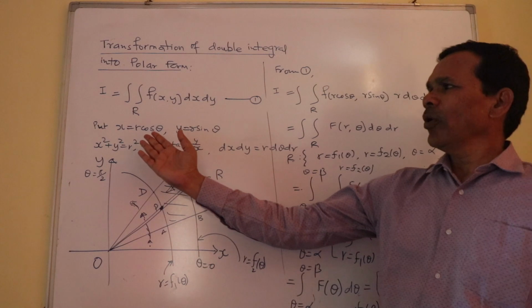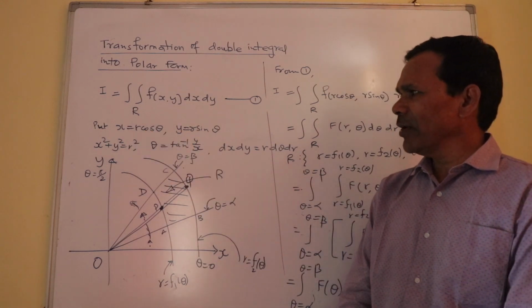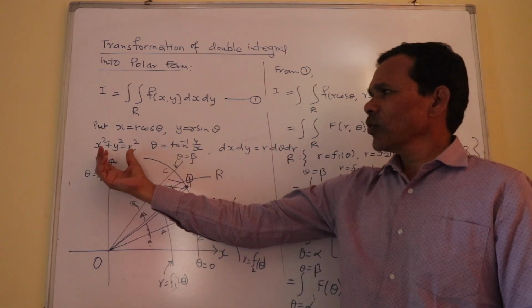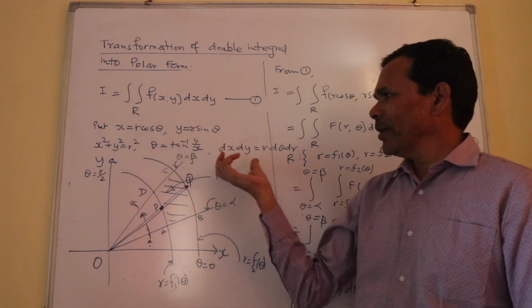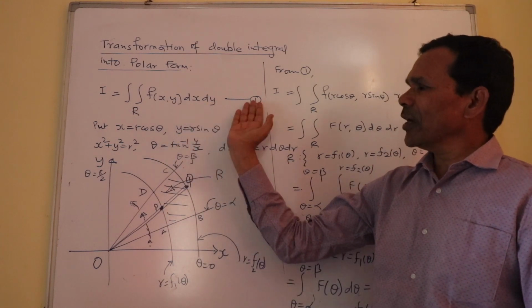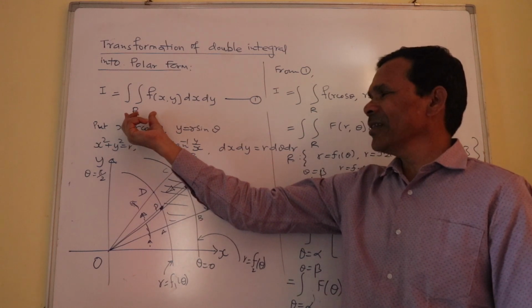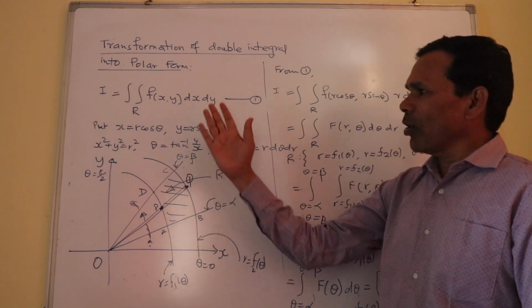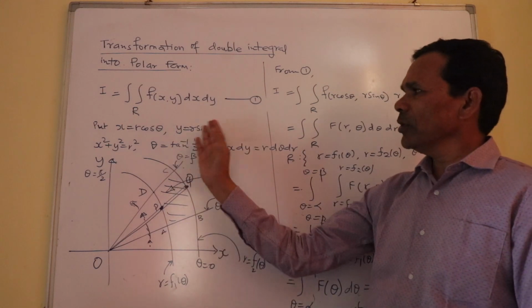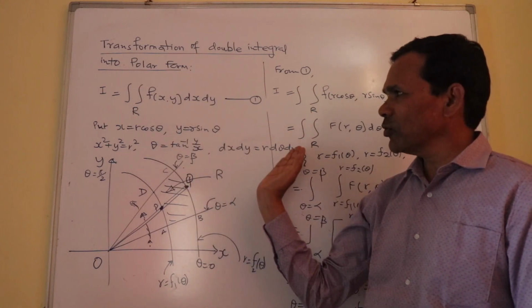As usual, you know, polar coordinates, x is equal to r cos theta, y is equal to r sin theta, x square plus y square is r square, theta is tan inverse y by x. And if it is required to transform this double integral with R as the domain or region of integration into polar coordinates, what we do, we use these necessary substitutions.